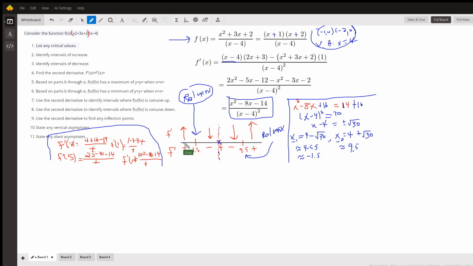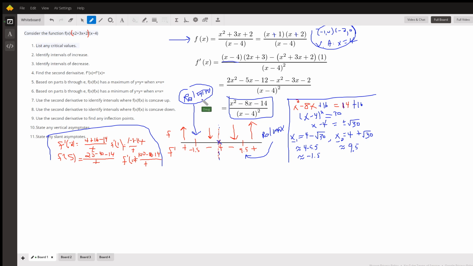And so that means the original function, whoops, this should not have an f prime there. The original function is increasing everywhere to the left of -1.5. And f prime of, I could have used 0, is negative, so decreasing. That means increasing to decreasing, we have a relative minimum, a relative, actually I got this backwards.